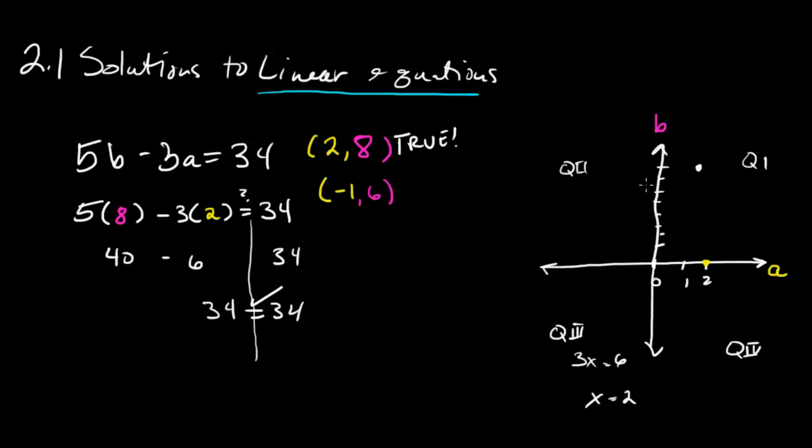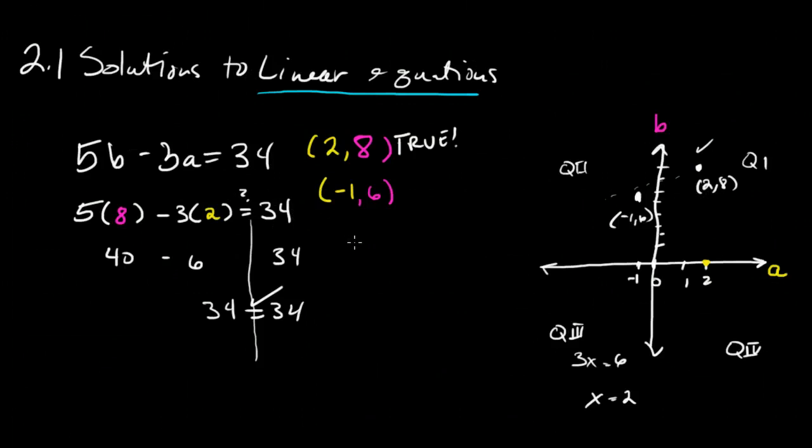There's a solution to this equation that is a line, and what we want to know is, will this point also, -1, 6, so here is -1, and 1, 2, 3, 4, 5, 6, is this point, -1, 6, also a solution? We've already verified that 2, 8 is a solution. Let's see if -1, 6 is.